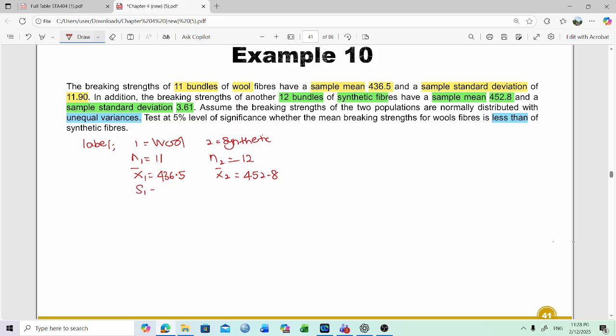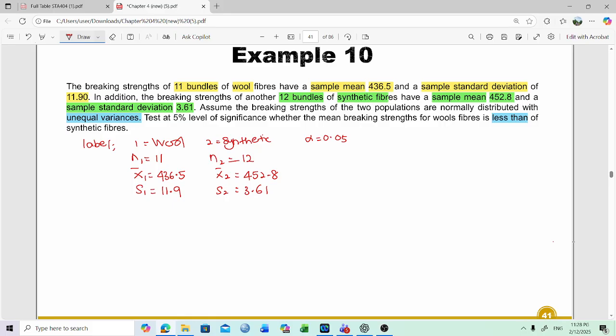So S1 for wool is 11.9 and sample standard deviation for synthetic is 3.61. And the alpha is 0.05. So this question asks you to test at 5% level of significance whether the mean breaking strength for wool fiber is less than the synthetic fibers.